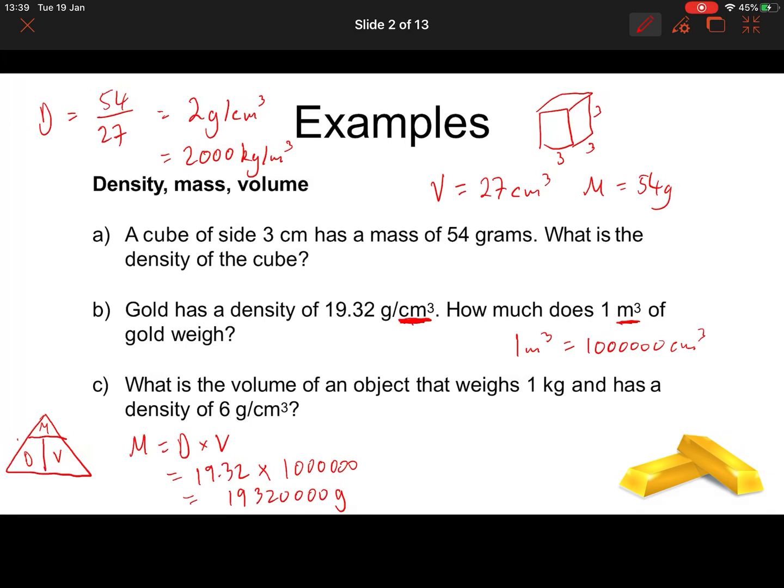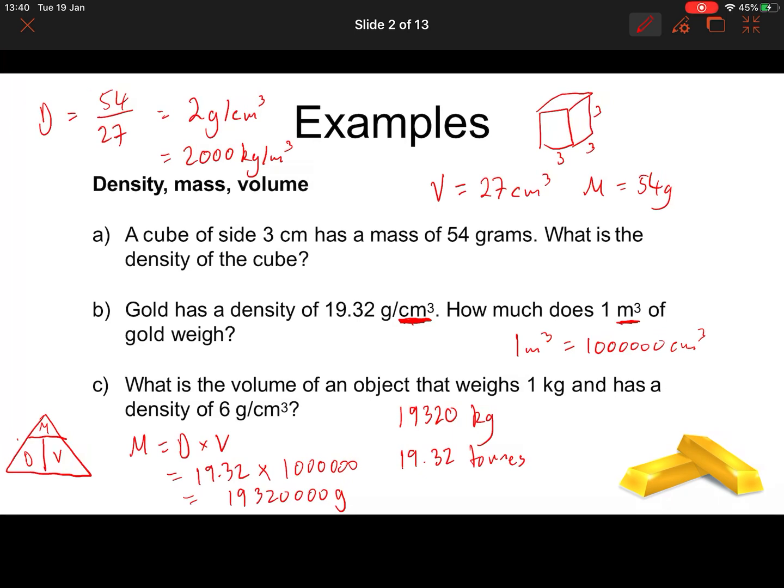Maybe a more appropriate unit of measure for that would be kilograms. So that would be 19,320 kilograms, or maybe even more appropriate than that would be tons, which would be 19.32 tons. 1,000 kilograms is a ton.